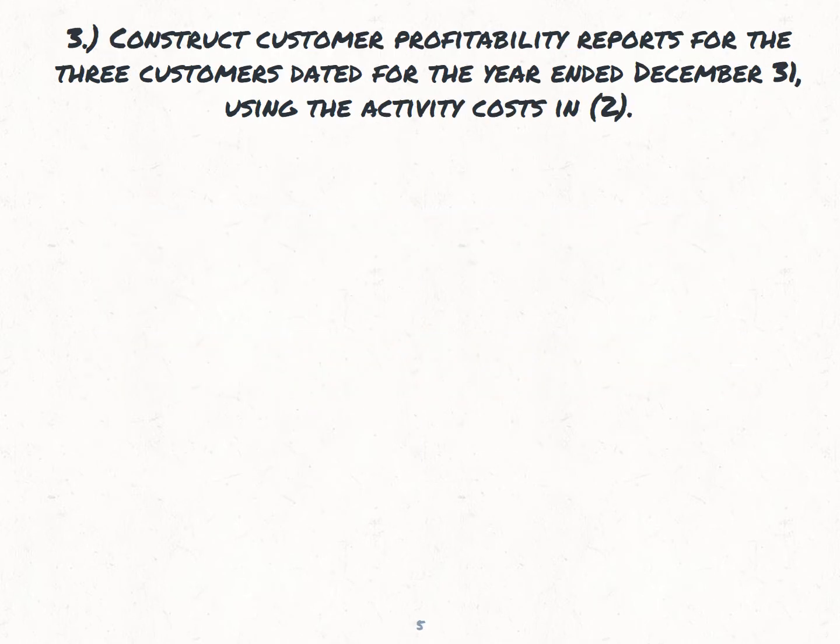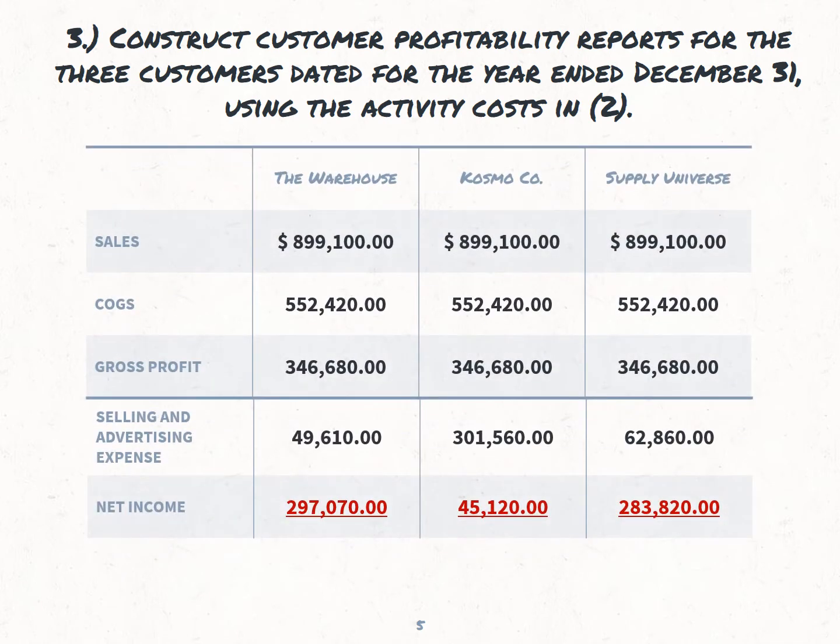Requirement number 3. Construct customer profitability reports for the 3 customers for the year ended December 31 using the activity cost in number 2. To compute, we will multiply the price of $1,110 to the unit volume of each customer amounting to 810. Total, $899,100, which is the same for all 3 customers.